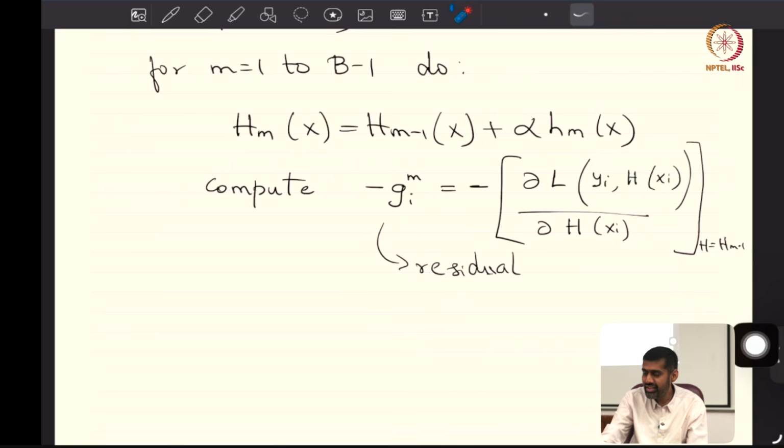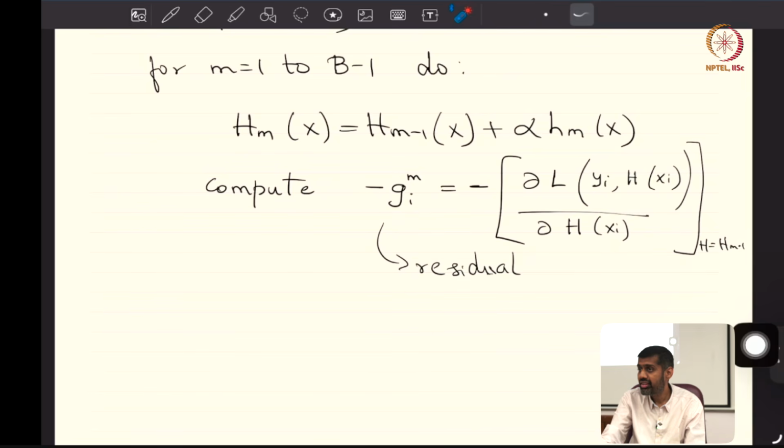So treat that h as a variable and just take the derivative, that is it. I leave this as homework. Please find out what would be the form of this residual for different loss functions. Suppose the loss function is squared error loss. Can somebody quickly tell me what would be the form of this?